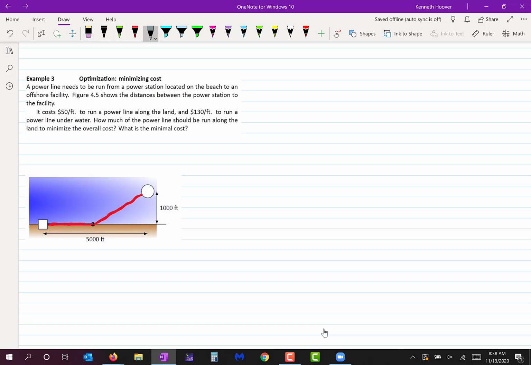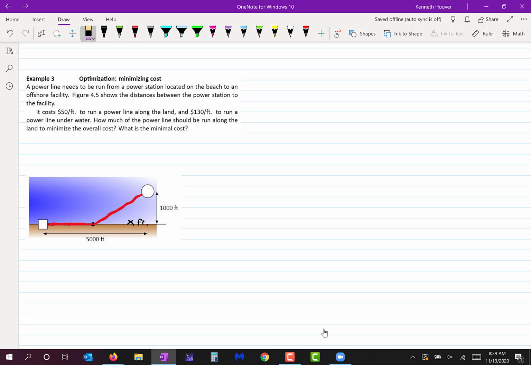Okay, so here's what we're going to do. Let's use this triangle to help us here. You see that triangle right there? Let's use that to help us. So we'll call this side right here X. Let me make that black so it stands out more so we can see it. We're going to call that X feet. Okay, we already know this side is 1,000.